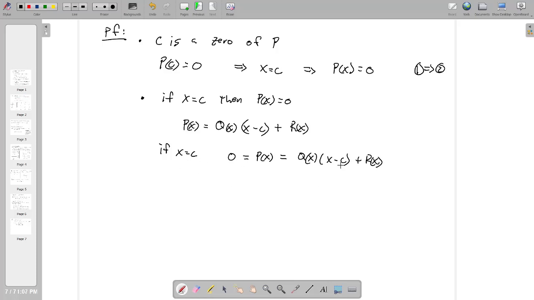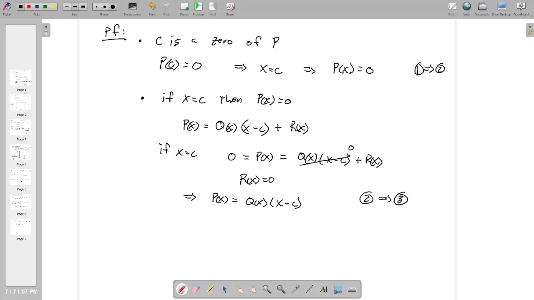But if x is equal to c, then we get that this is 0. Because x equaling c means c minus c is 0, and we get 0 times q of x. So then we have r of x is equal to 0 as well, which is what we wanted to show. This then implies that p of x is equal to q of x times x minus c. And this is from 2 to 3.